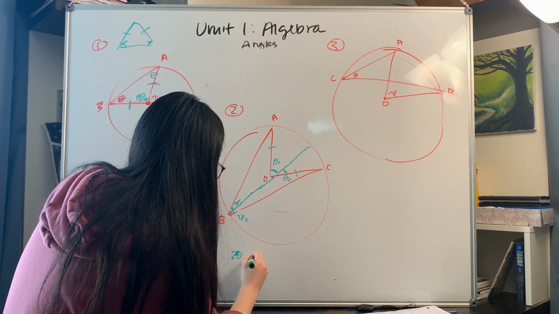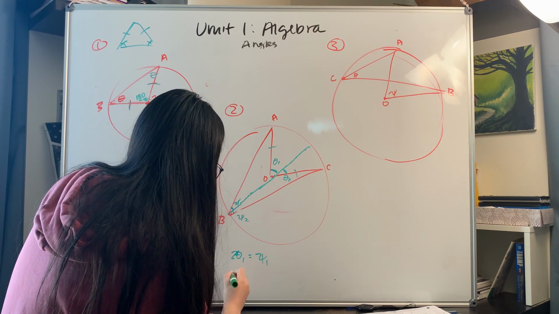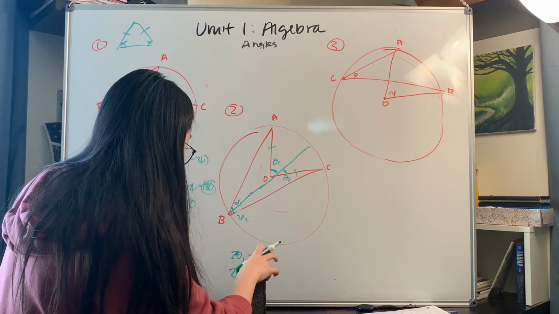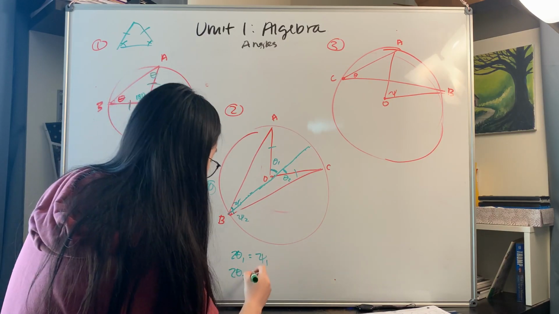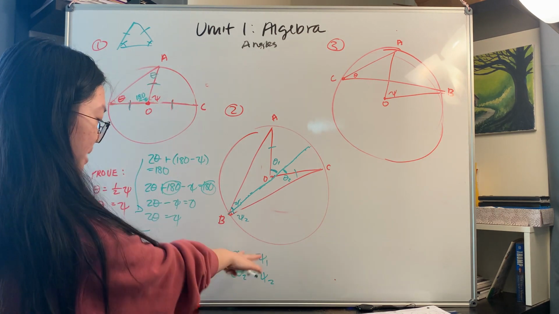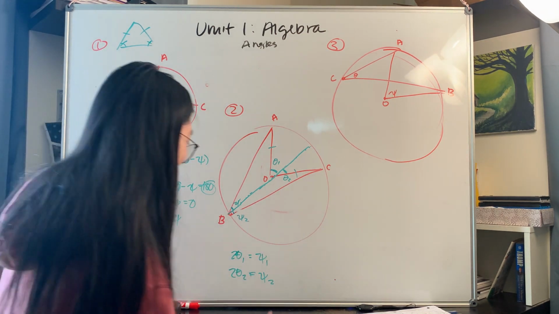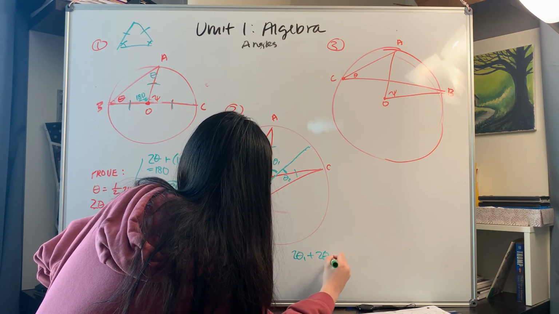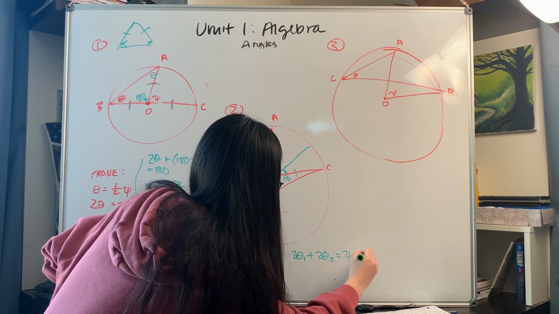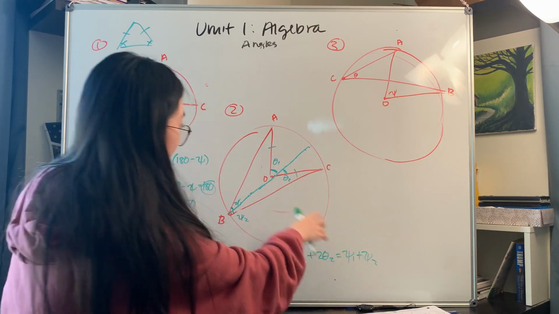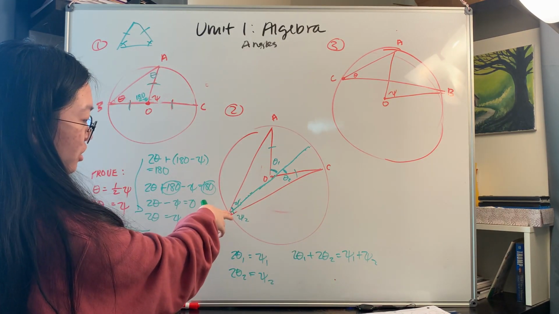2 theta 1 is equal to psi 1, and 2 theta 2 is equal to psi 2. And if we add these two equations together, we get 2 theta 1 plus 2 theta 2 is equal to psi 1 plus psi 2. And psi 1 plus psi 2, well, we just split up the original psi, right?